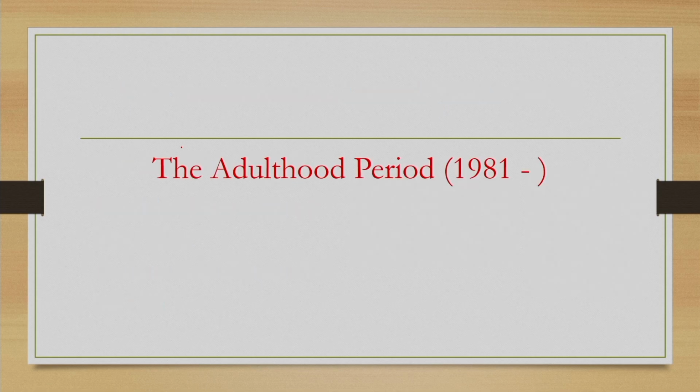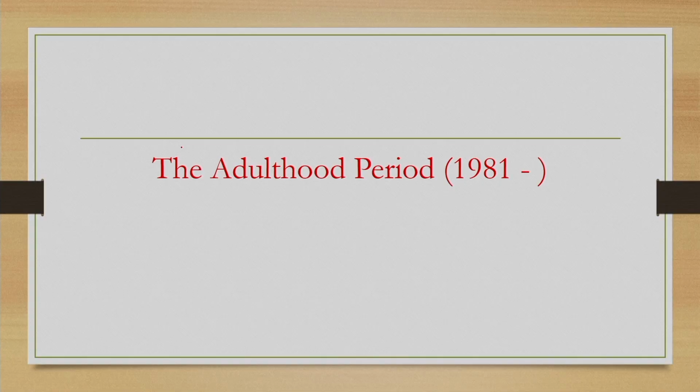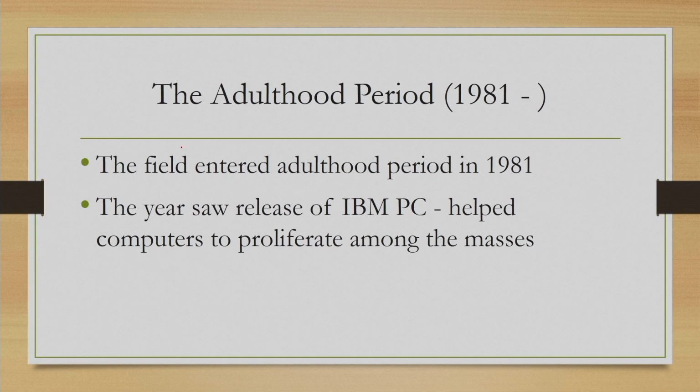The adolescence period was followed by the adulthood period, starting from the early phase of the 1980s. Now, in this period the field entered adulthood with the release of the IBM PC in 1981.